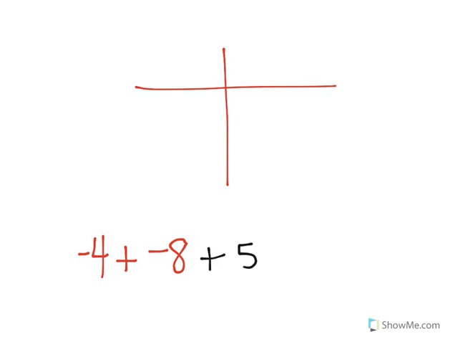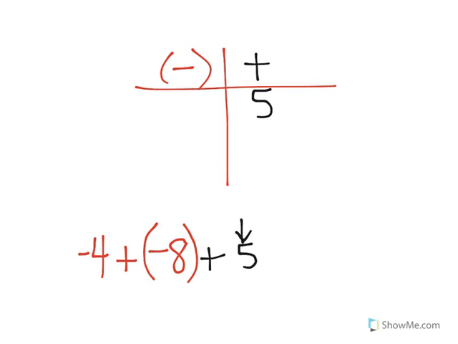Now here I have negative 4 plus negative 8 plus 5. This is why it's important to put the parentheses. Again, if we don't put the parentheses, it's going to look like negative 4 plus minus, and we don't do those operations like that. All right, rules never change. Negative team versus positive team. The positives scored 5 points.